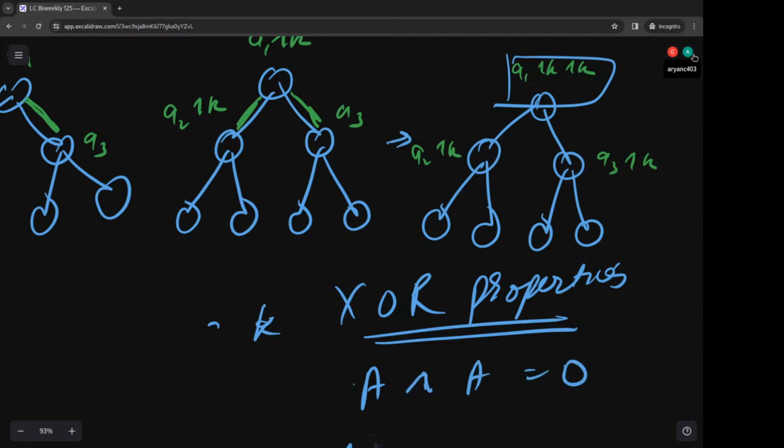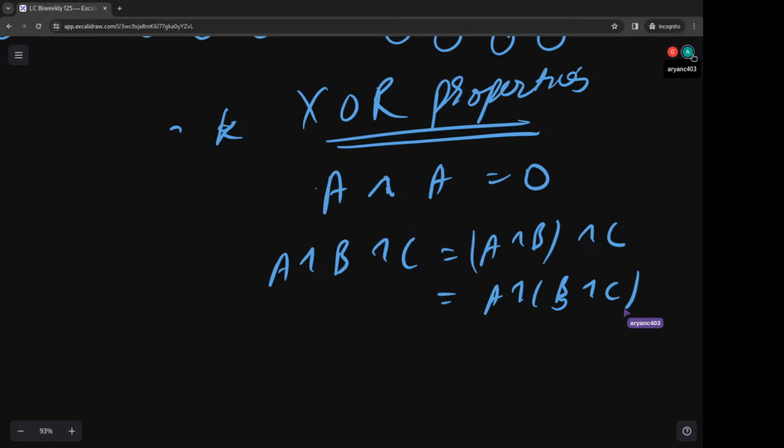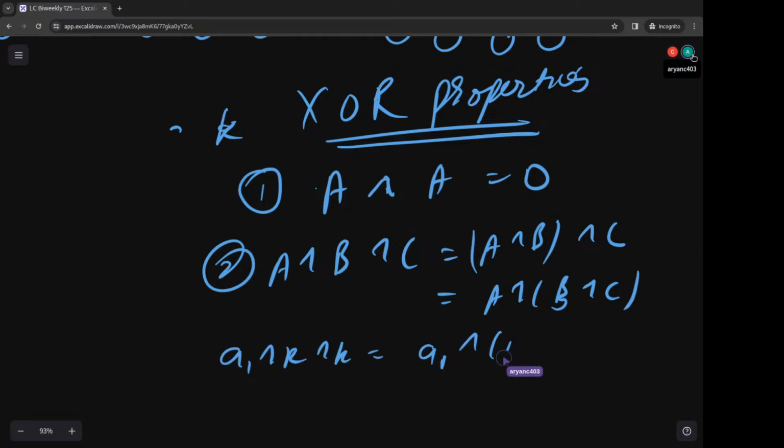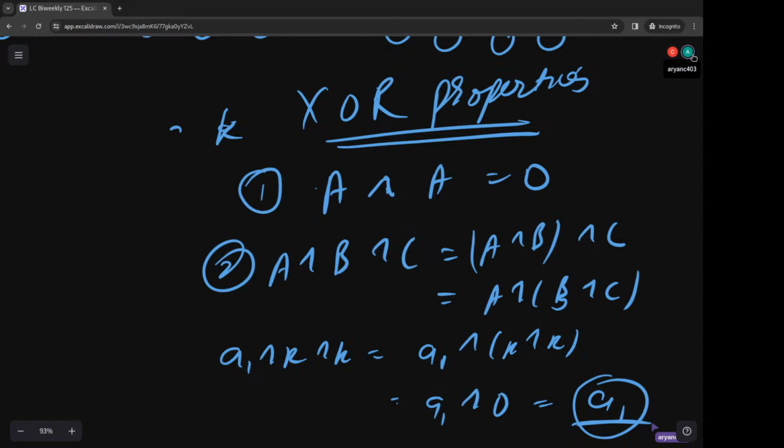And if A XOR B XOR C is there, then you can either find XOR of A and B first and then XOR with C, or you can find the XOR of B and C first and then XOR with A. These are equal. So using these two, A1 XOR K XOR K becomes A1 XOR 0, which would be A1 itself again. So the original node remains the same if an even number of edges are performed using it.